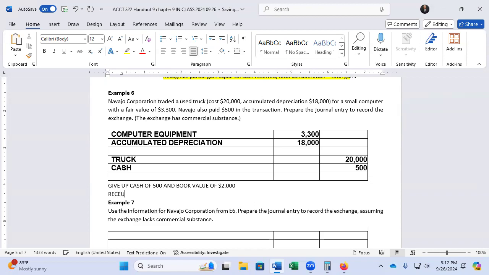Okay, when we received a $3,300 computer at fair value, we take the 3,300 and we subtract the 2,500, and that equals 800. In this case, this is a gain.